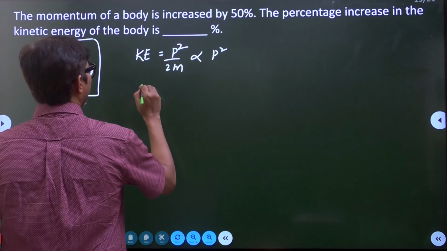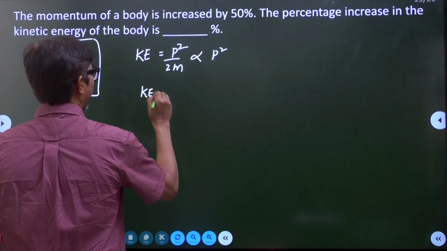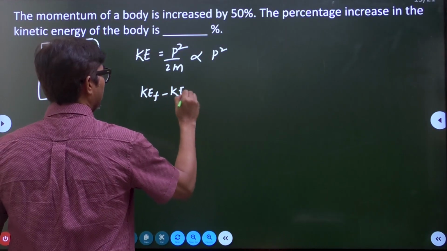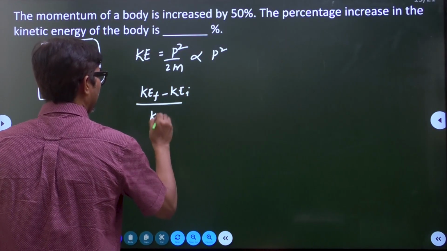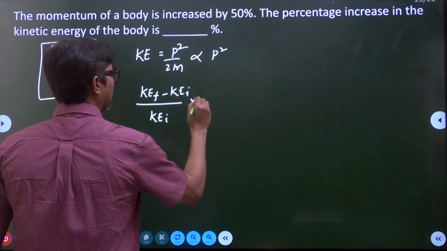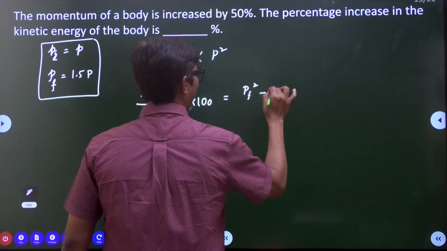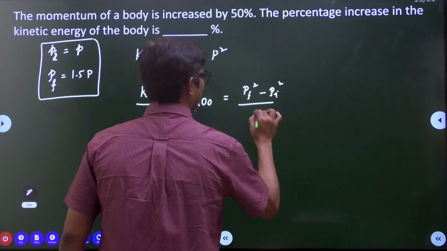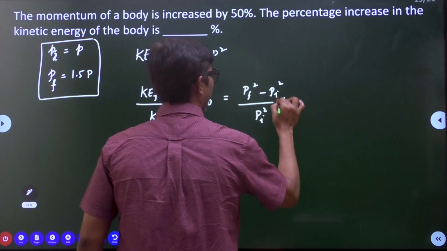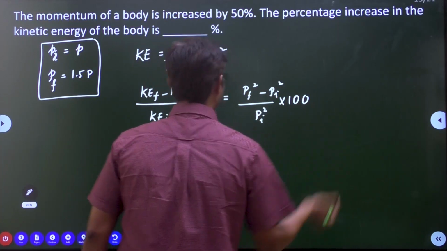So then percentage change they are asking. KE final minus KE initial divided by KE initial into 100. So that would be P final square minus P initial square divided by P initial square times 100. That's what we have here.